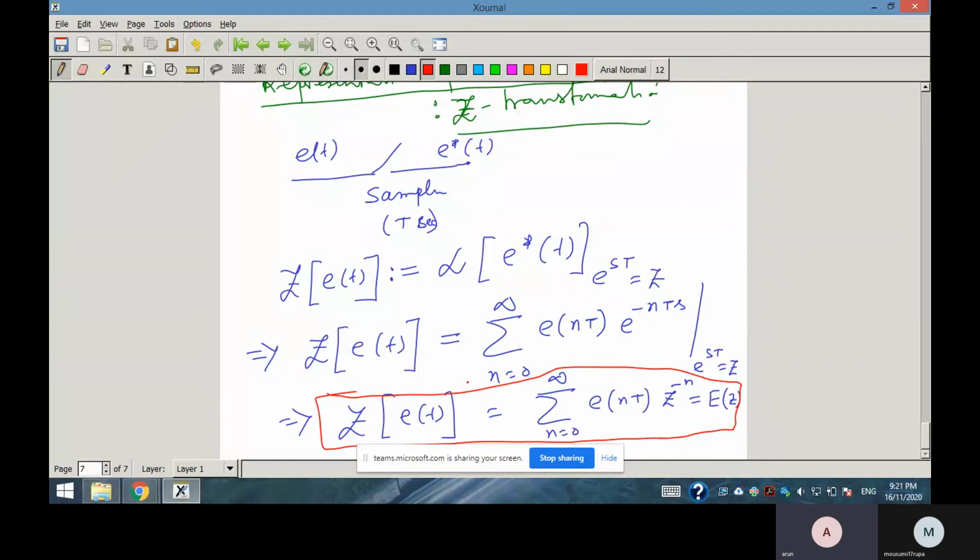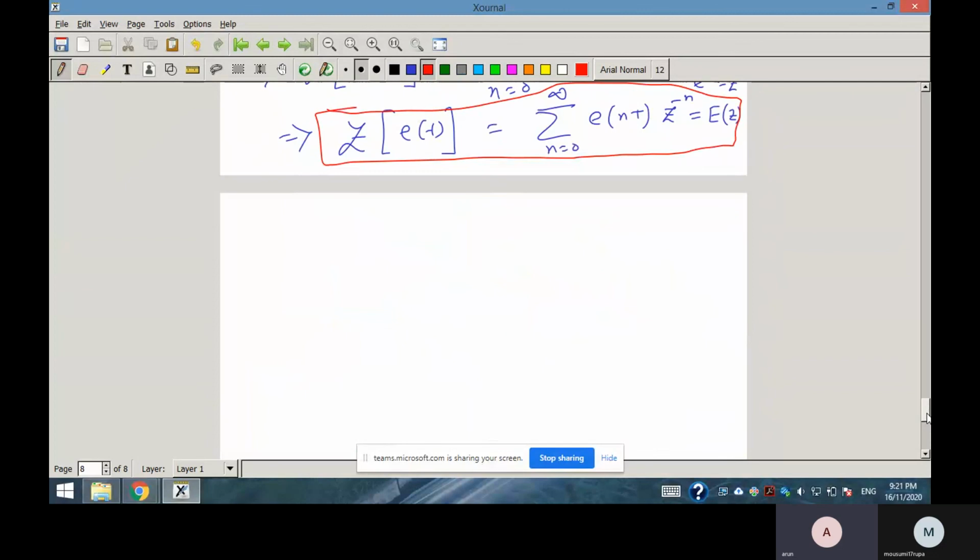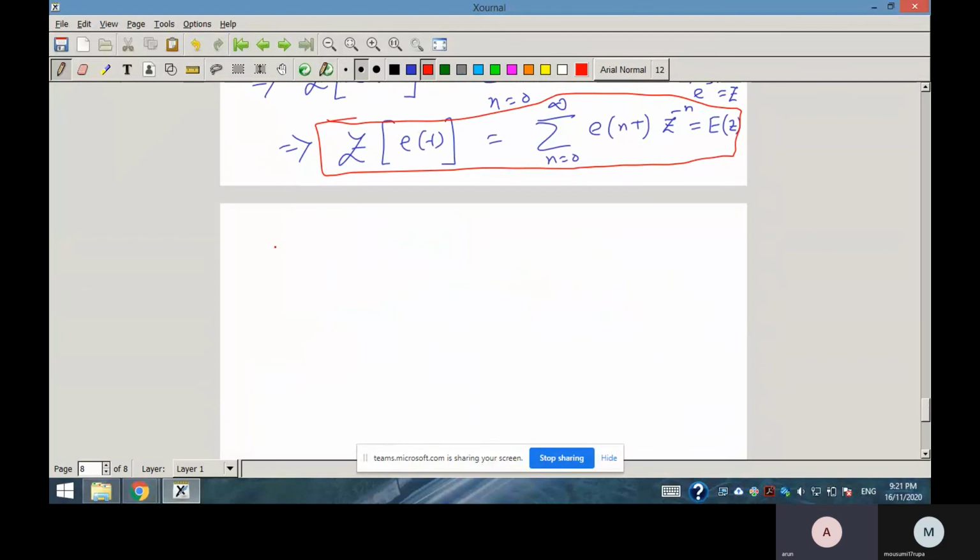This is a very important relation. For example, what is the Z transform of the unit step function, Z transform of 1(t)? It is the summation for n equal to 0 to infinity of z to the power of minus n.